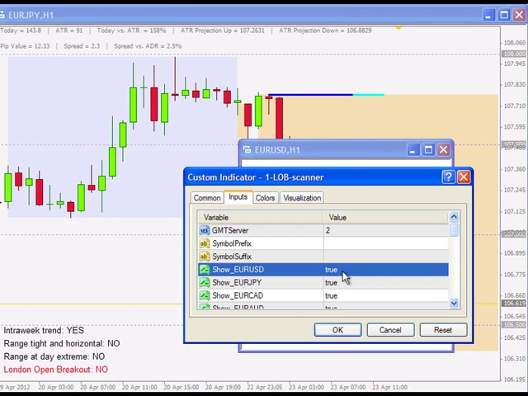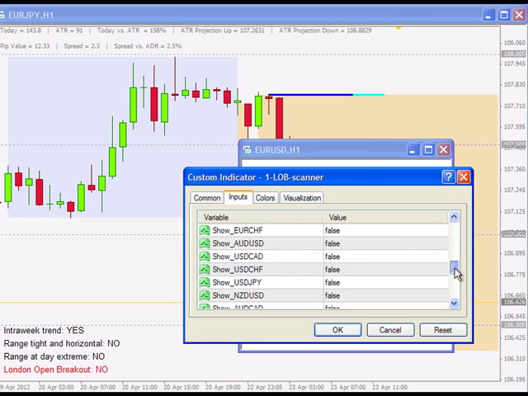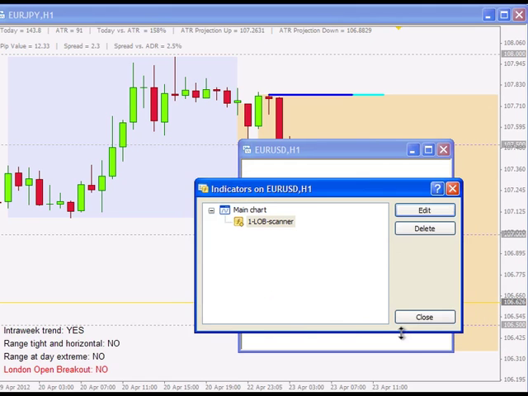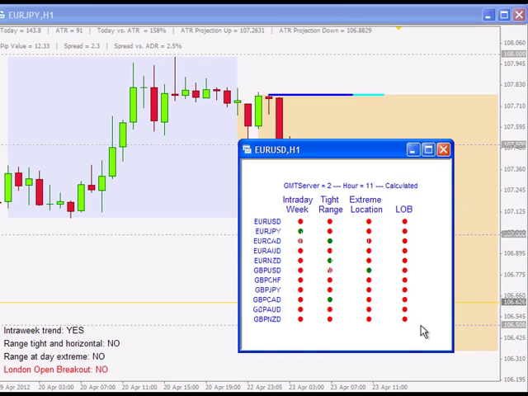That means all the euro crosses and the sterling pound crosses, but not the euro against the sterling pound and the euro against the CHF. So all the currency pairs suitable for the London Open breakout strategy, toggle them to true, and leave all the rest false. That's basically it. That's how you configure the scanner.